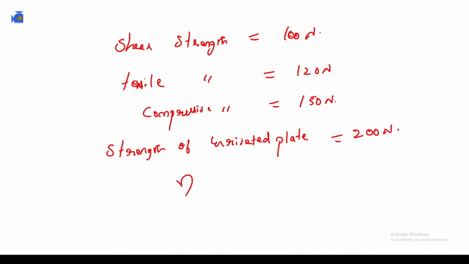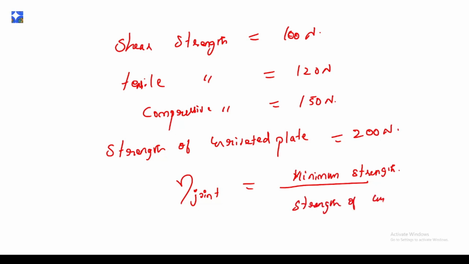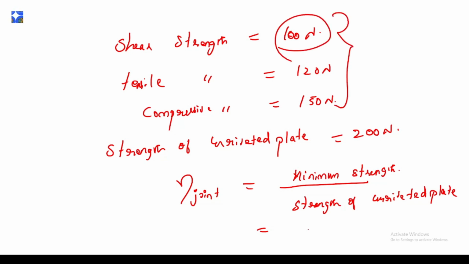We need to find out the efficiency of the joint. The efficiency of the joint takes this formula: the minimum strength divided by the strength of the unriveted plate. The minimum strength out of these three is 100, which is for shear. So it is 100 divided by the strength of the unriveted plate, 200.